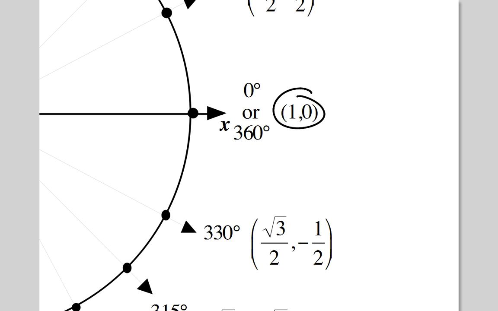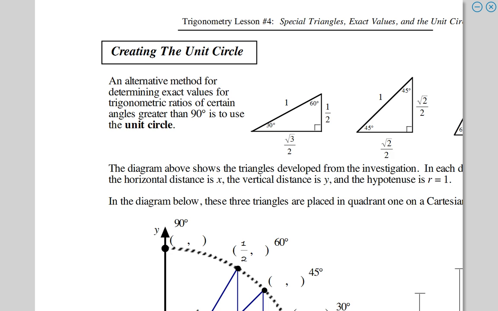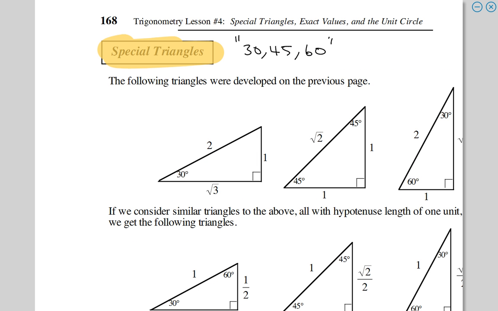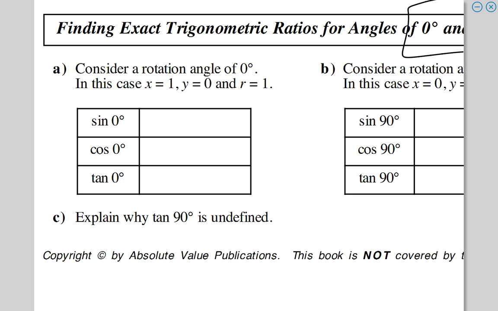Now take a look at this point on the eastern horizon. It is 1, 0. And I mentioned to you that the sine goes with the y, and the cos goes with the x, okay? So when you go and fill out this chart, you're going to use the unit circle to help you. What's the sine of 0? Sine at 0 degrees, the eastern horizon, what was the y value? 0.